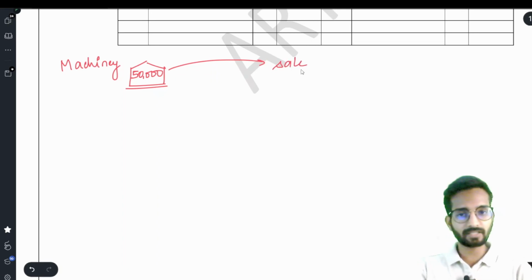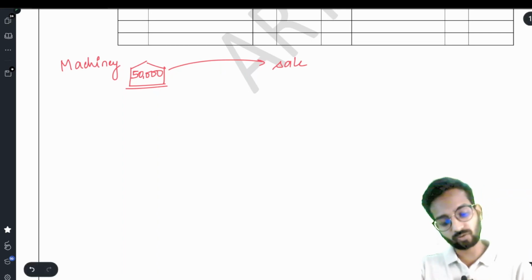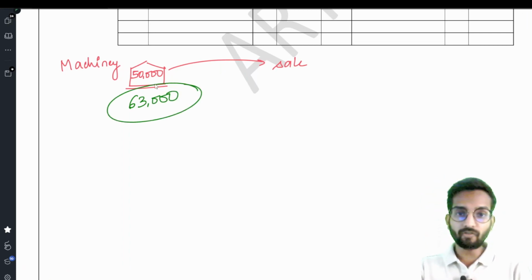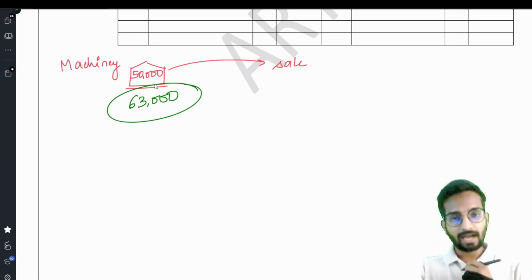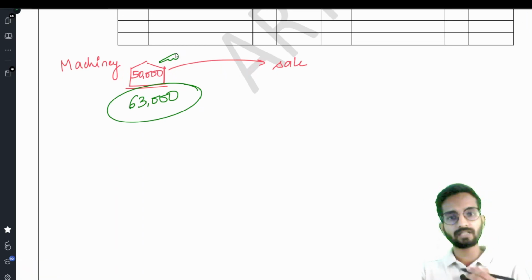They want to sell this machinery, and successfully they found a person who is ready to buy this machine at rupees 63,000. Now what happens? It means the value of the machine has increased by 13,000. As a seller, I am thinking, I thought the value of the machine is 50,000 rupees only, but now I realize that the value of my machine is 63,000.